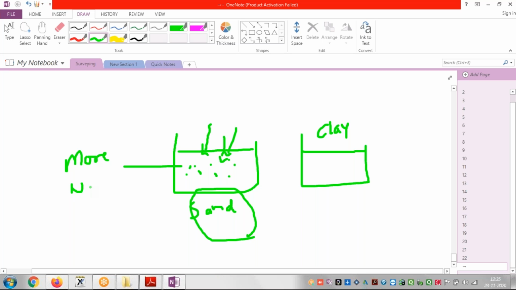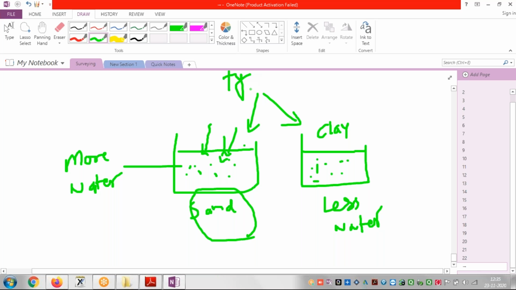More water can be absorbed by the sand, and a very small quantity of water can be absorbed by the clay, right? So because of the type of soil, the runoff will vary.